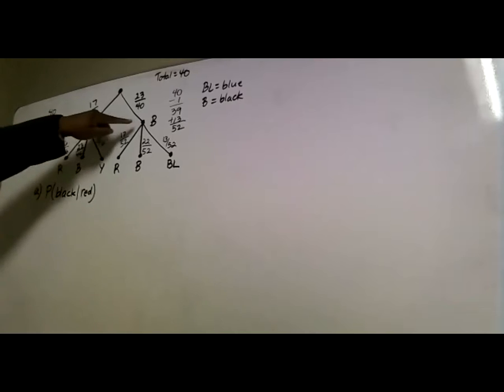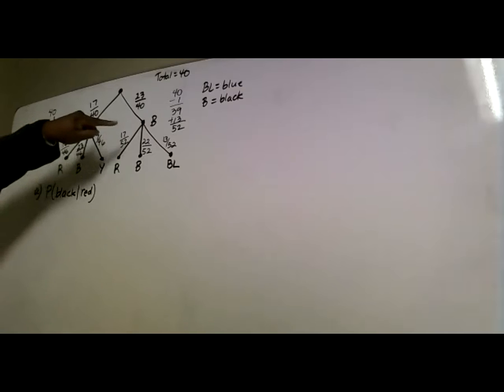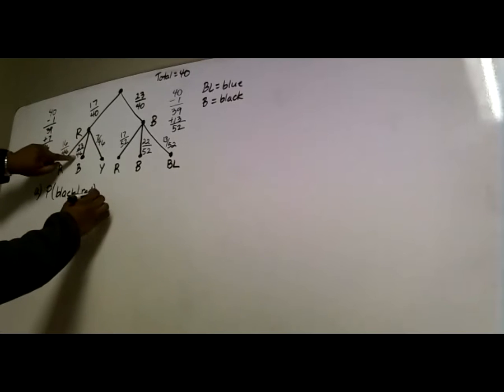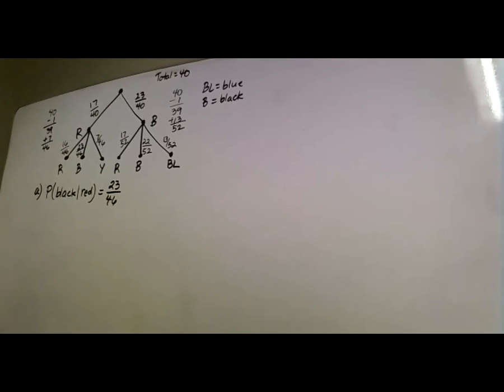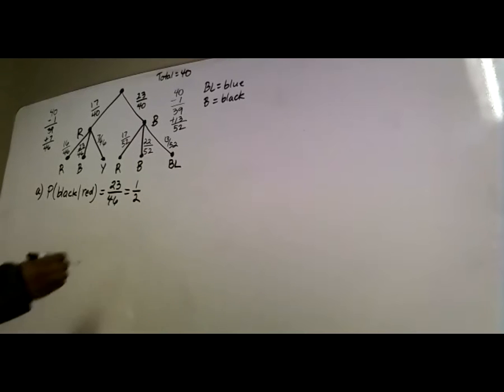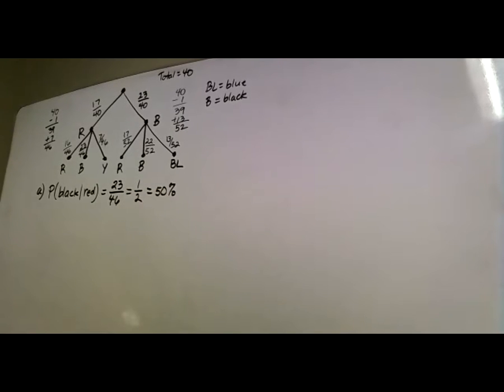So this represents the first marble, a red or black. We're given that the first was red. What's the probability of it being black on the second? It says 23 out of 46. And I'm not sure if they want this reduced, but it'll be 1/2, or 50%.